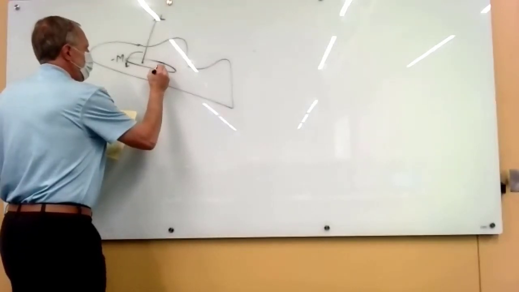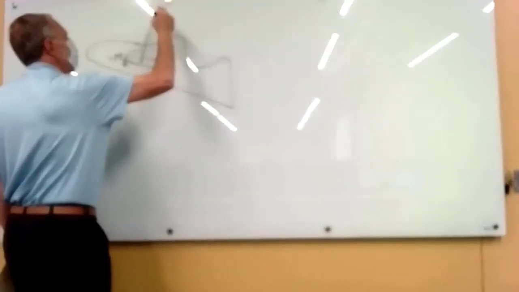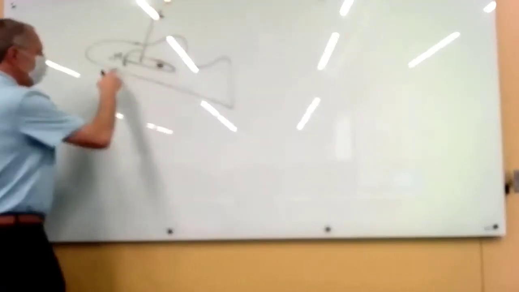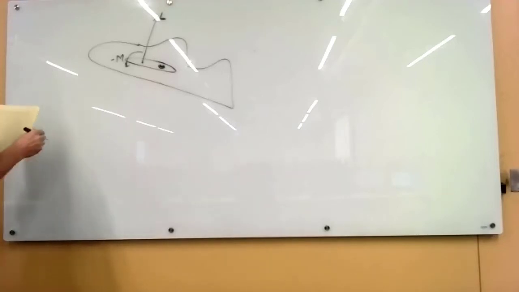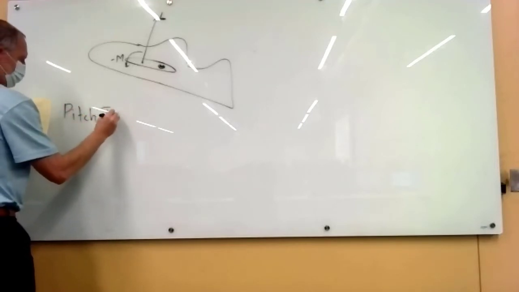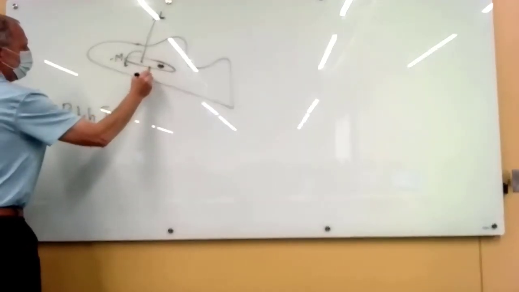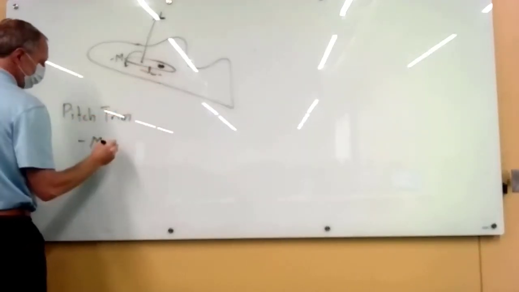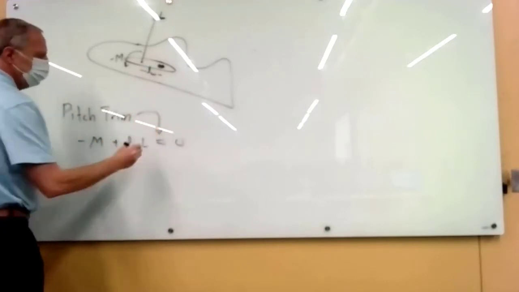So we put the CG back here so that the pitching moment of the lift balanced out the nose down pitching moment from the pure coupling from the wing. And so we could pitch trim if we chose this distance correctly, and get 0 for the total pitching moment.